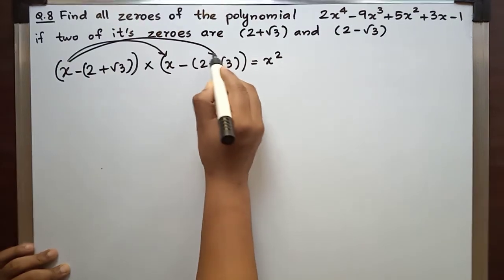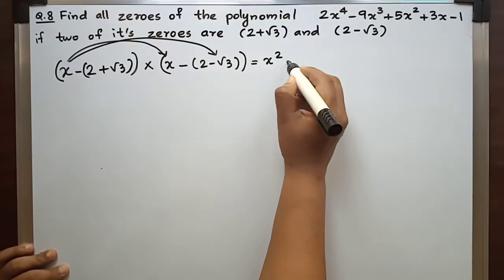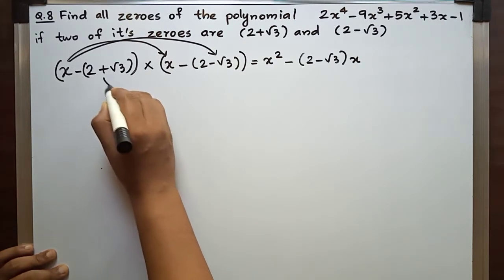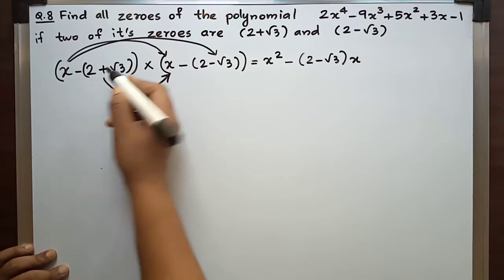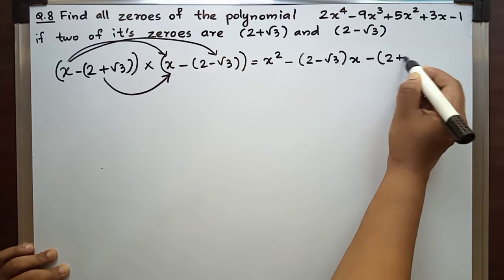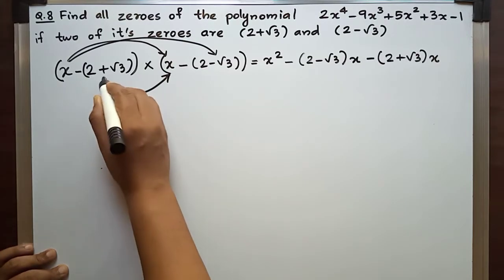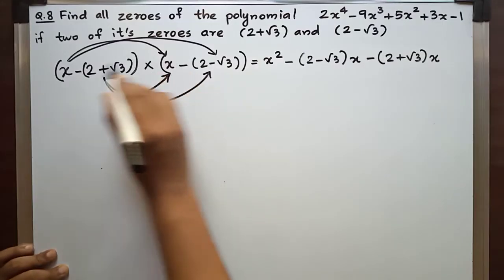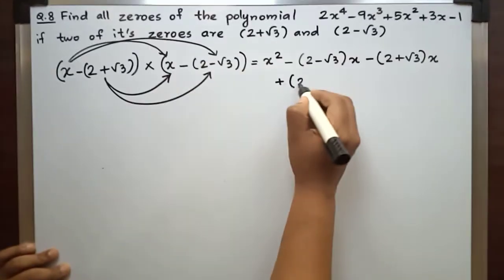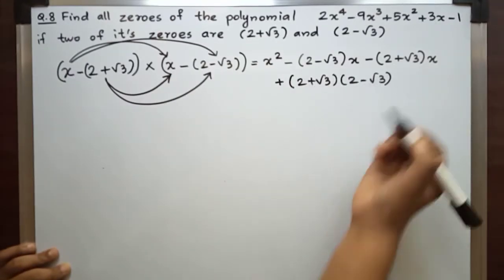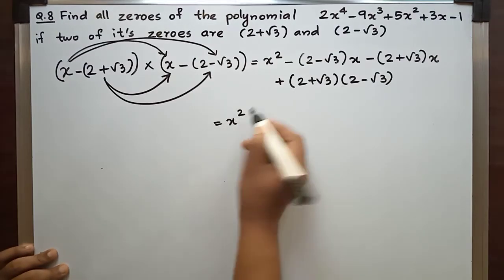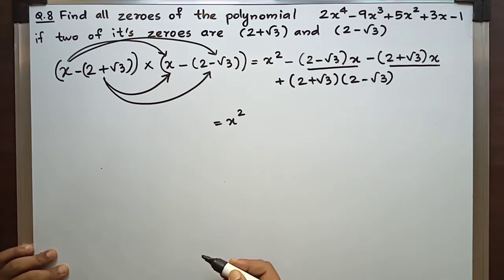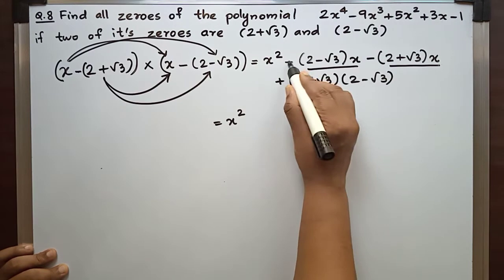Then x into −(2 − √3) gives −(2 − √3)x. Next, −(2 + √3) into x gives −(2 + √3)x. The next term is −(2 + √3) into −(2 − √3); negative into negative is positive, so (2 + √3)(2 − √3). Now two terms are there with x, so let us combine them.